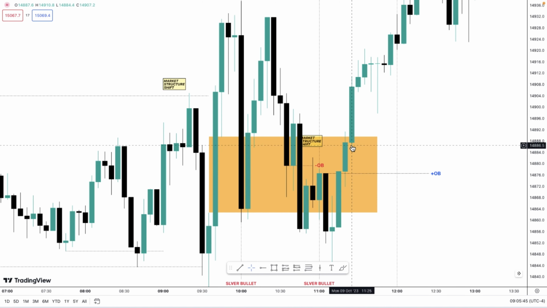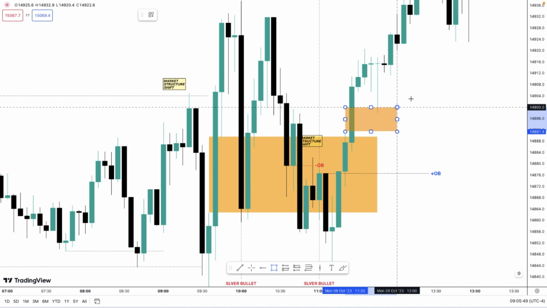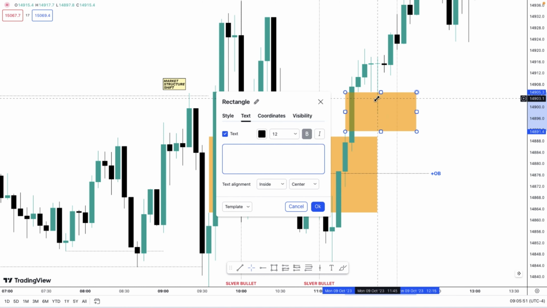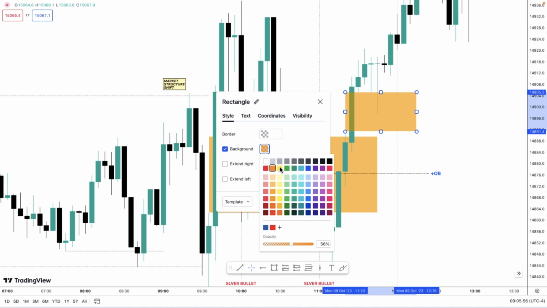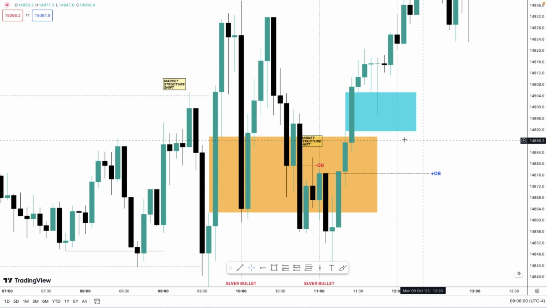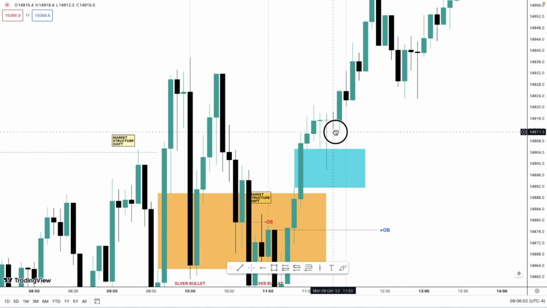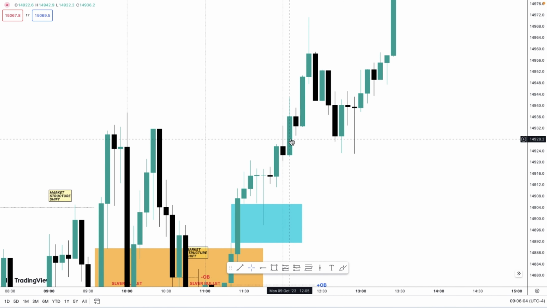Swing high gets taken out. Fair value gap. Price trades with the fair value gap. It runs away. And then it breaks out of the order block.